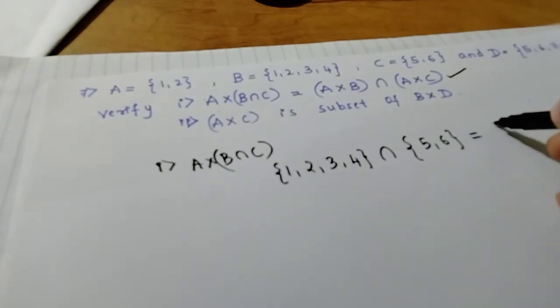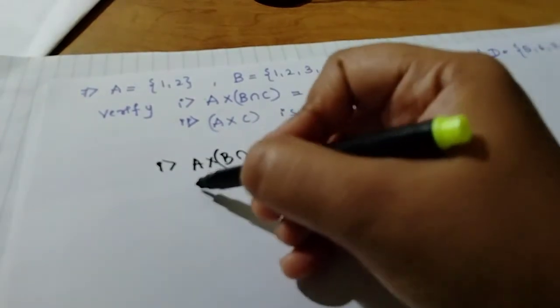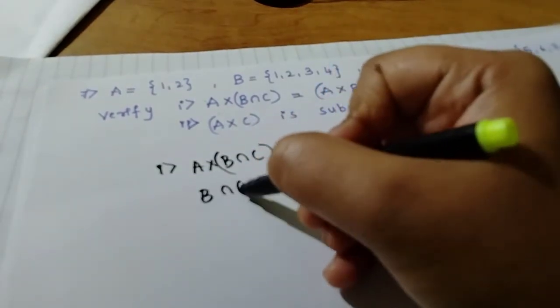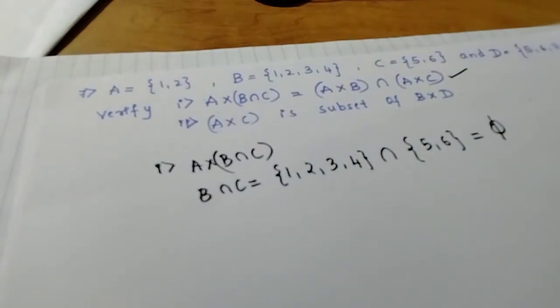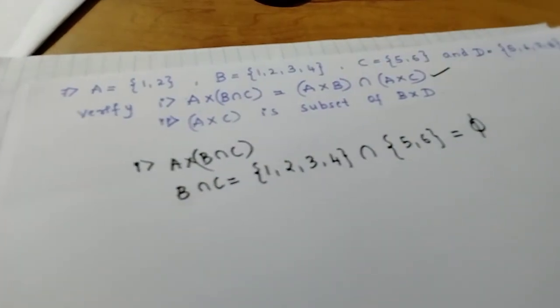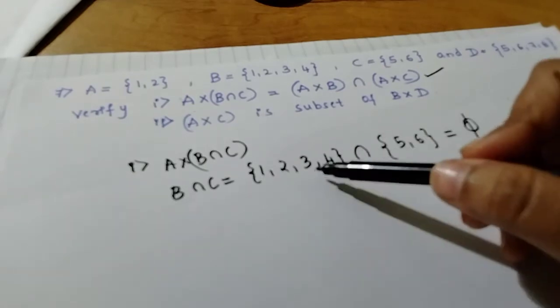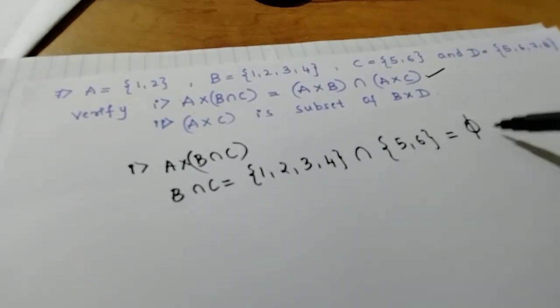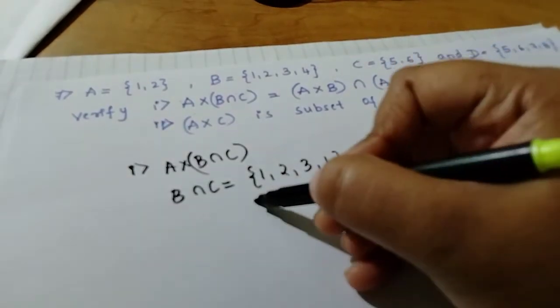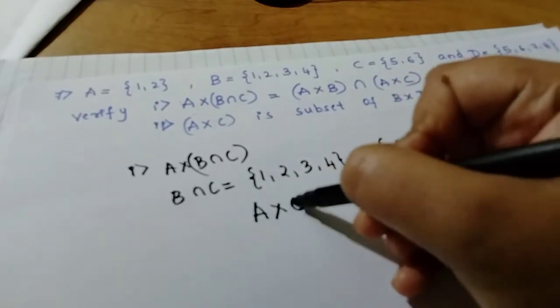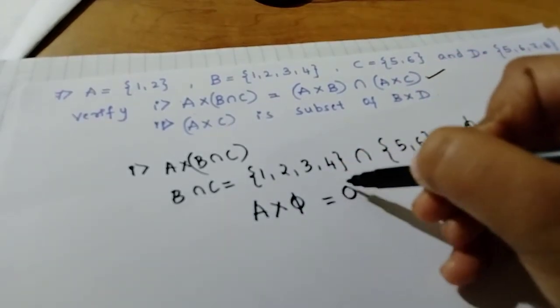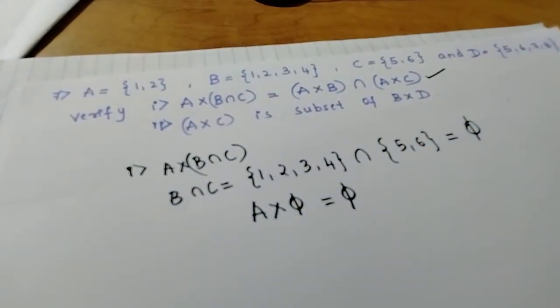Obviously this is the null set. So B intersection C is the null set. Intersection means common elements, and there are no common elements between B and C. Therefore it is the null set. So A cross null set is equal to what? Again a null set.